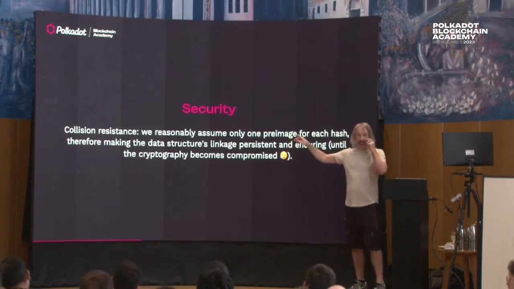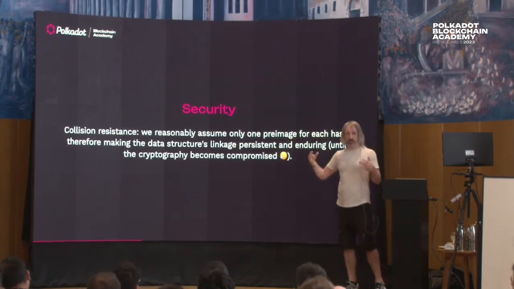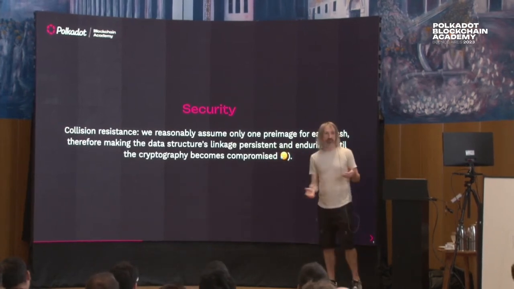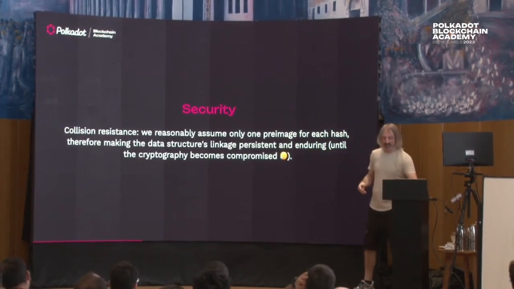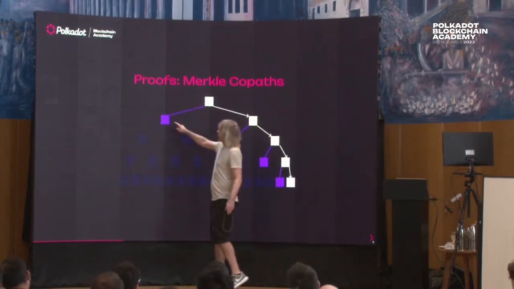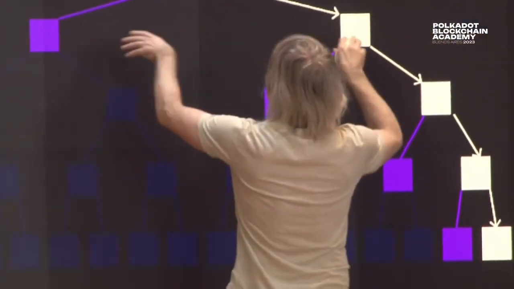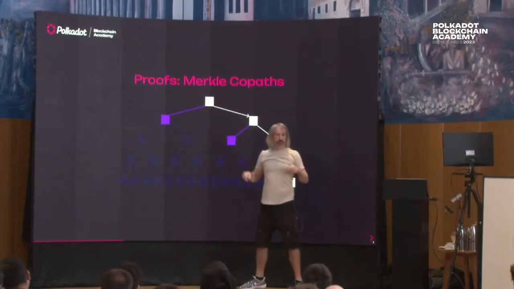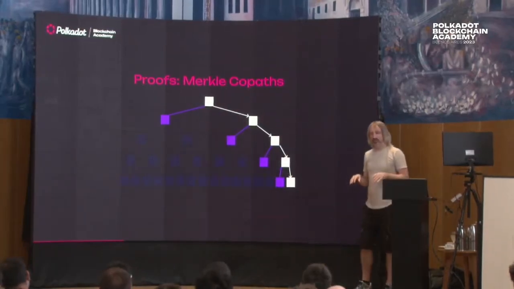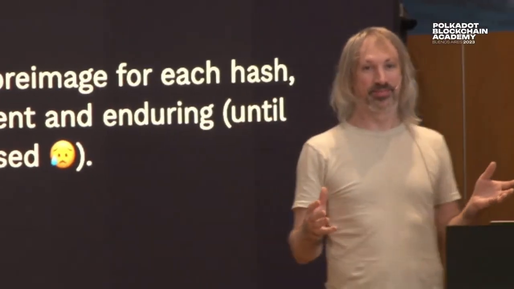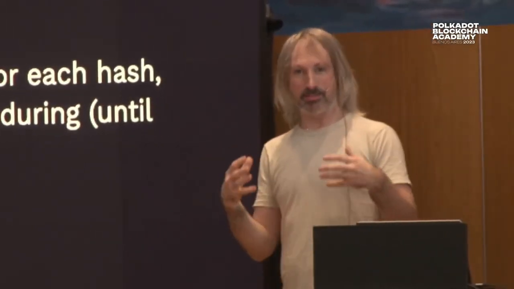This, until the crypto becomes compromised, until it's broken, until someone can create at will another purple node, another hash here, such that it hashes with this one to the same X. Until someone comes up with that, then this is timeless, right? This is just fundamentally persistent.